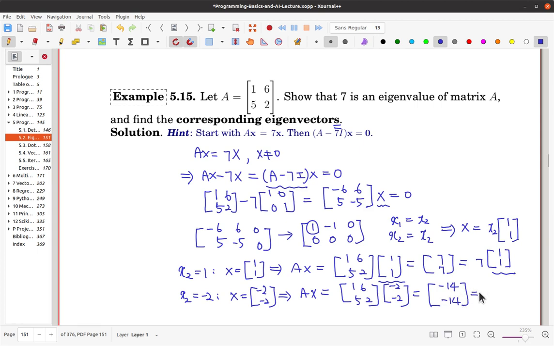That is the same as 7 times minus 2, minus 2. So we have Ax equals 7x. So for various choices of x2, they are all eigenvectors for the eigenvalue 7.